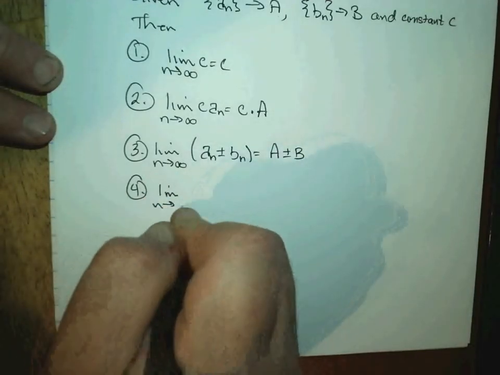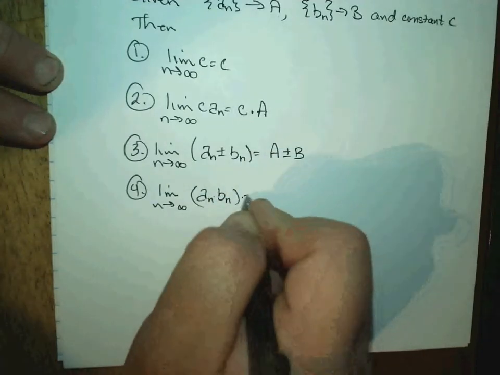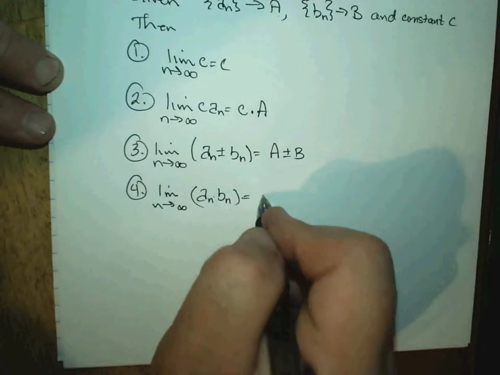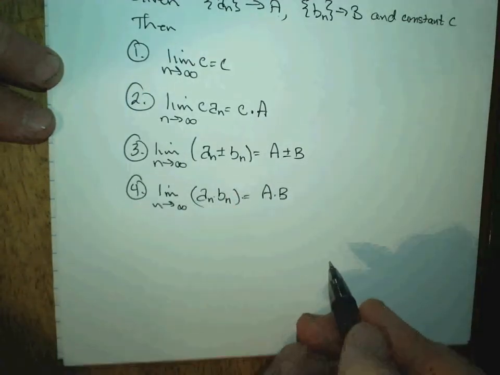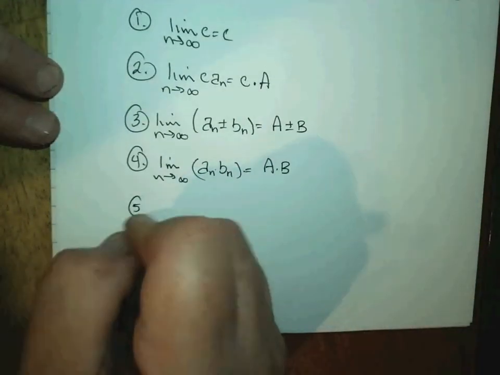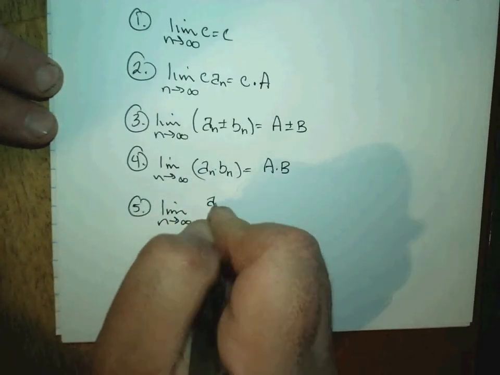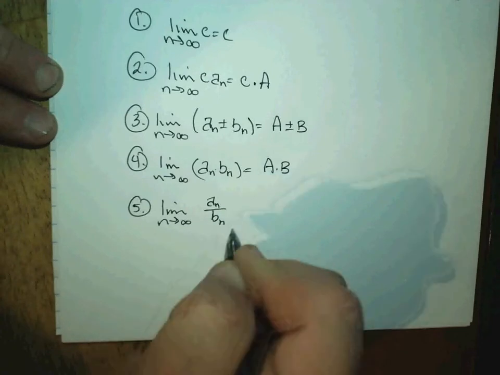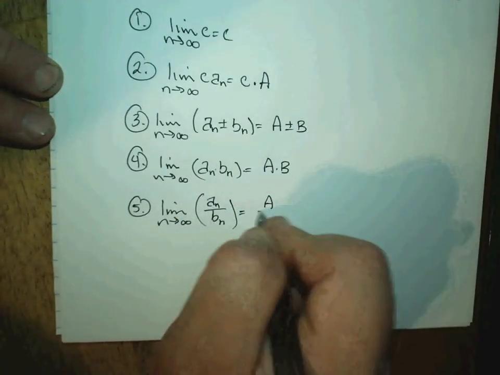You also know that if you take the product a sub n times b sub n, that's the limit of the A sub n, which is A, times the limit of the B sub n, which is the B. And finally, if you take a quotient, you're taking A sub n over B sub n.